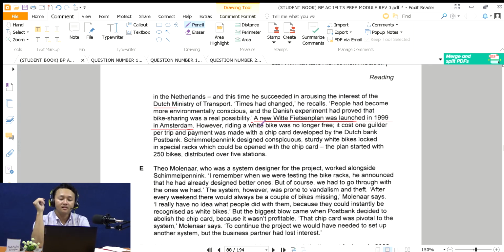So it says that people in Amsterdam started to realize that actually this can help us to save the environment. So that's why people had become more environmentally conscious, that they need to care about the environment. It also says that the Danish experiment had proven that bike sharing was a real possibility.